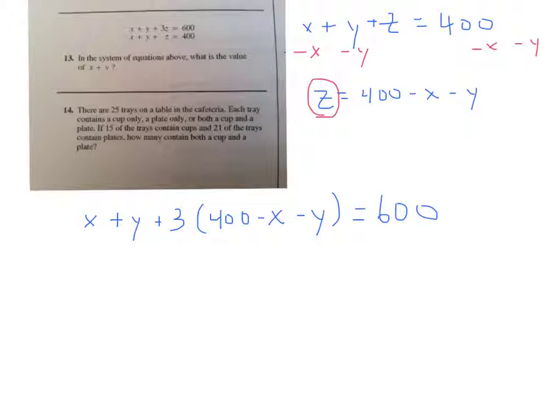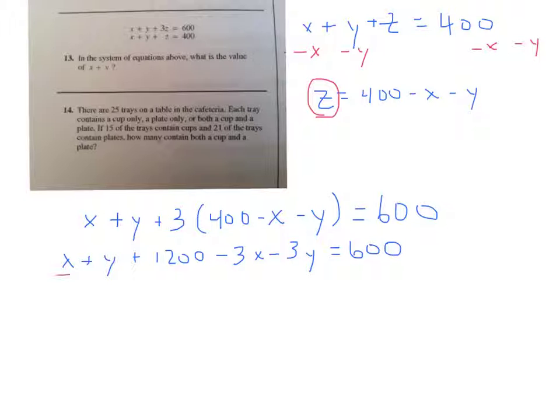And now we're going to simplify this by distributing out our 3. So we have x plus y plus 1200 minus 3 times negative x, negative 3x. 3 times negative y is negative 3y, equals 600. We're going to want to collect our like terms.